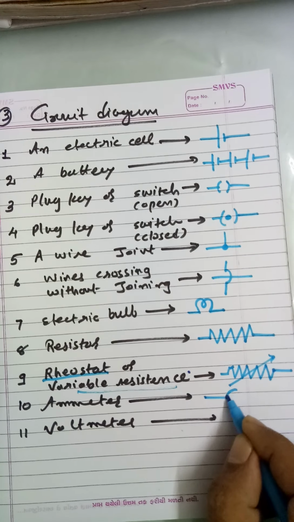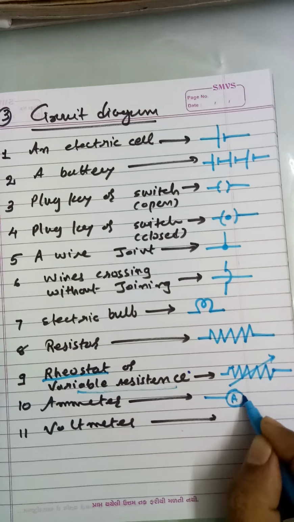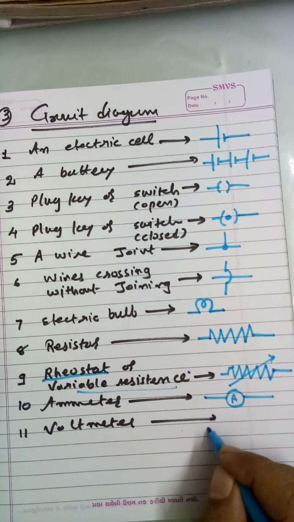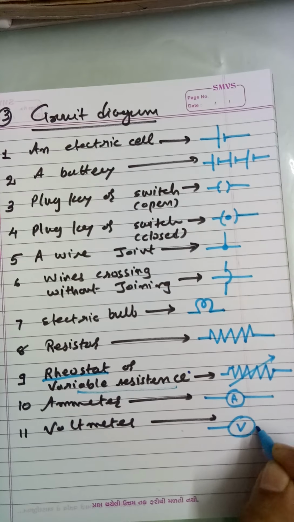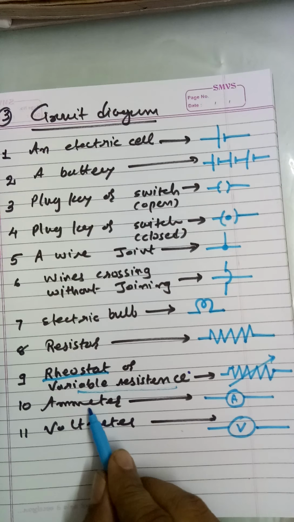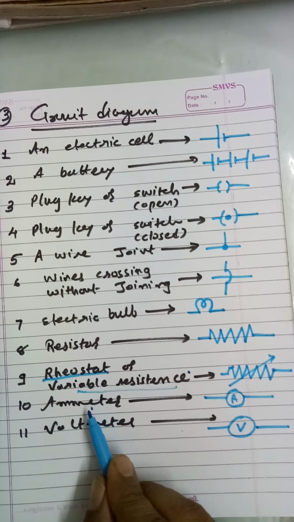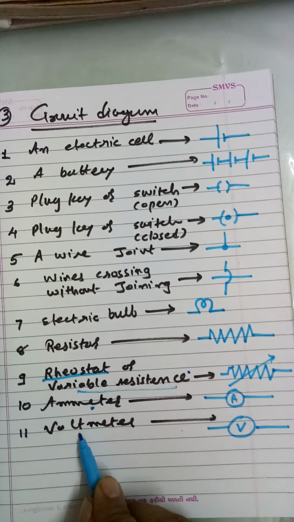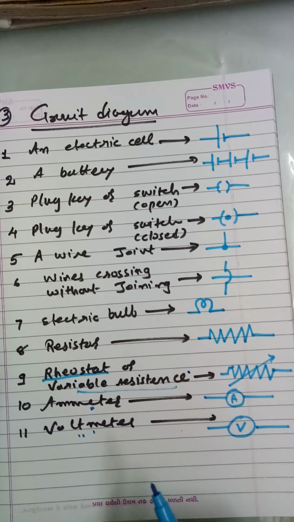Another is the ammeter, a circle with A in it, and a circle with V in it is a voltmeter. The ammeter measures electric current, with series connection; the voltmeter measures potential difference, with parallel connection. Low resistance, high resistance.